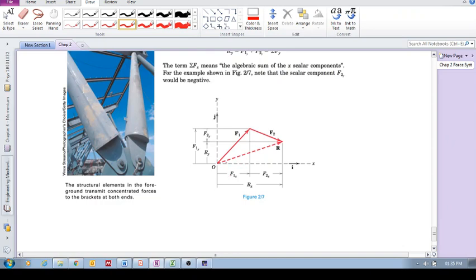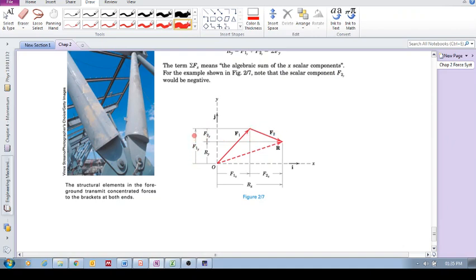So now we add up all the x components. There's F1x, and then we add up F2x, and we get Rx right there. We add up F1y, but now you can see that F2y is negative because it's pointing in the negative direction.